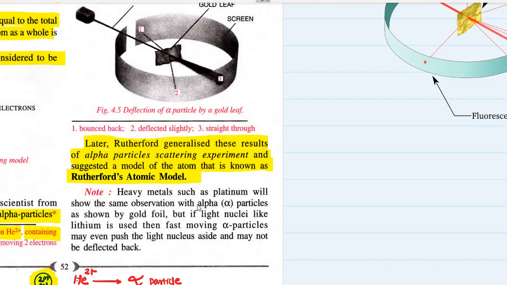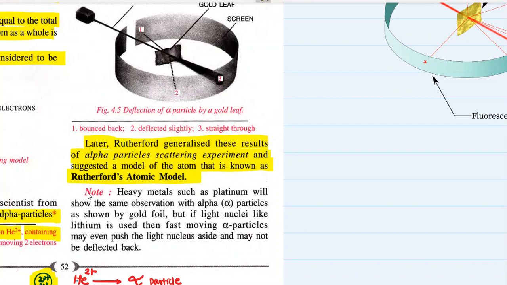Now everything was clear to Rutherford. He did not only discover the nucleus, he actually figured out how the atom looked, the structure of the atom in reality. Rutherford was the first person to say that with maximum accuracy.